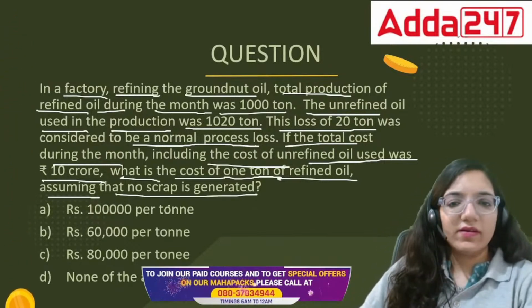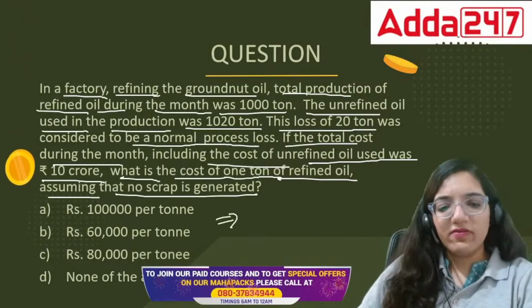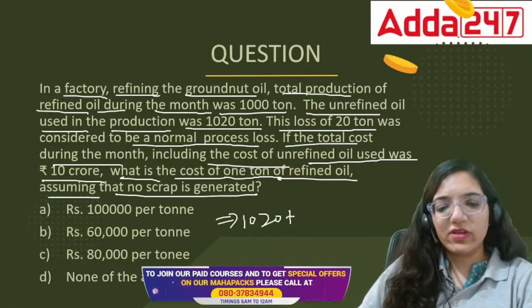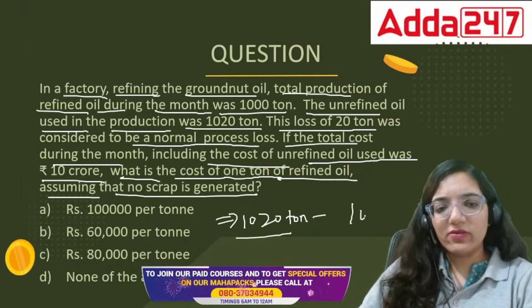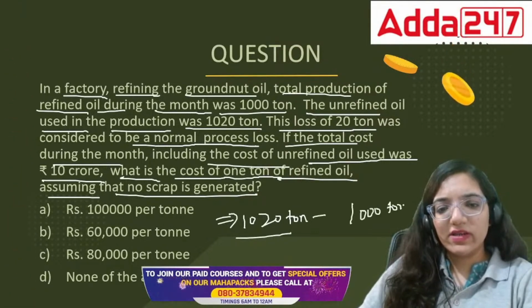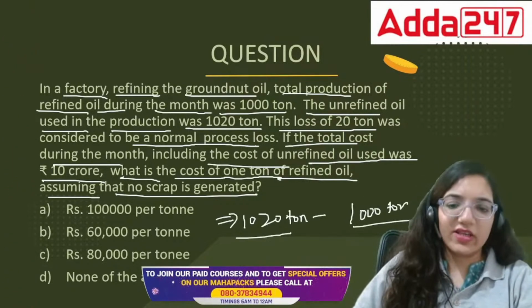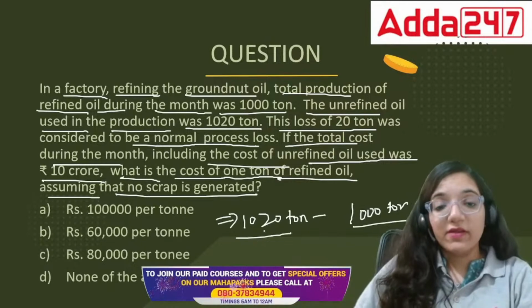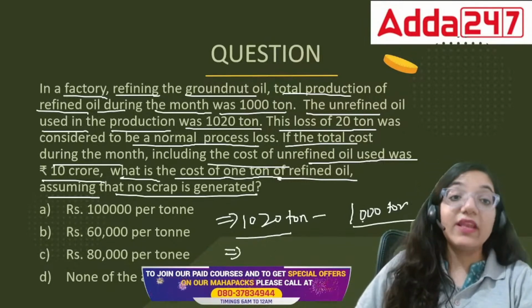Everyone, we got 1020 ton of oil, but once we got it out, it was 1000 ton after refining. That means 20 ton was lost, which they consider as normal. Whenever we have normal loss, how can we find the value of remaining tons?